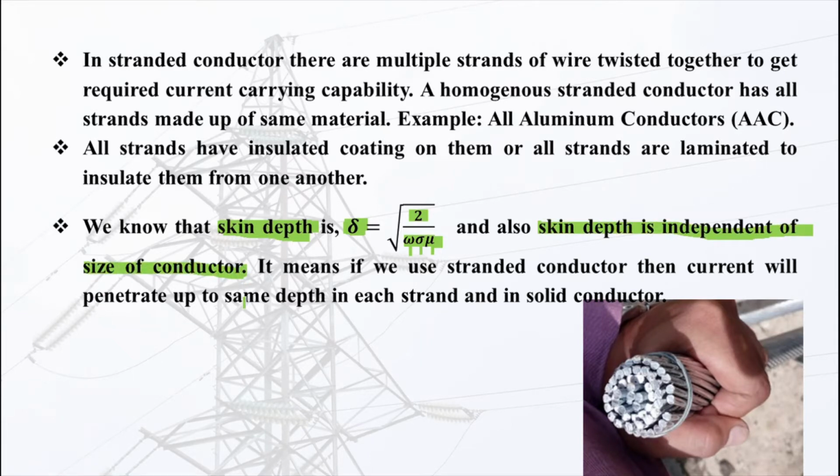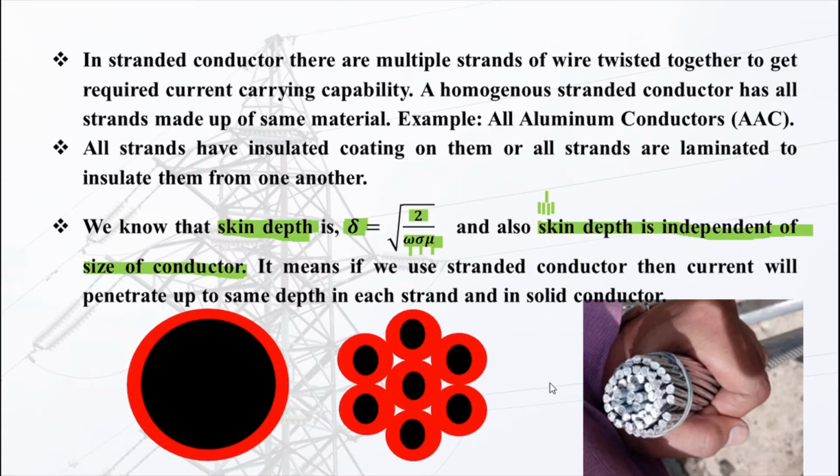Or we can say that whatever the radius of the conductor may be, the current will flow up to depth delta only. Now see this conductor. Here this red portion shows the area over which current flows. This is a solid conductor and it has a large radius r.